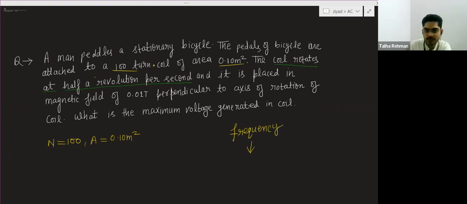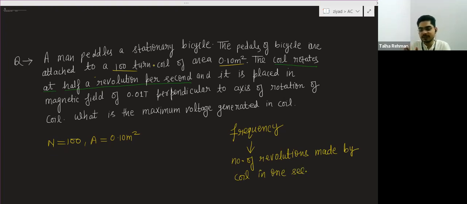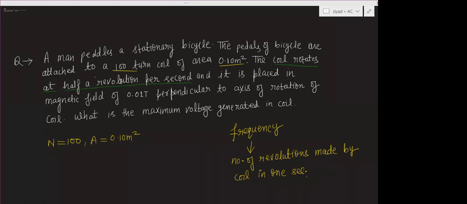Frequency is the number of revolutions made by the coil in 1 second. In 1 second, how many revolutions is the coil making? That is the frequency. So you can see per second half revolution, so frequency is half.